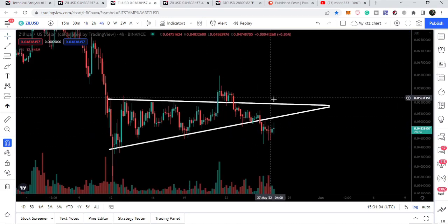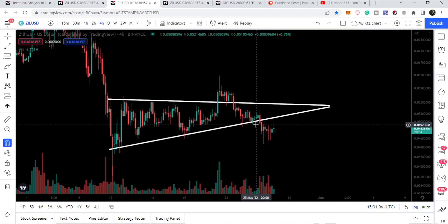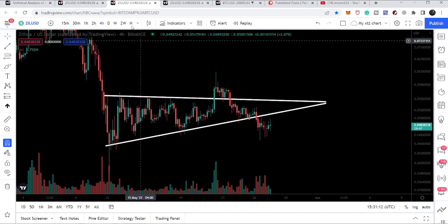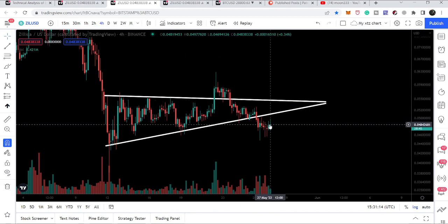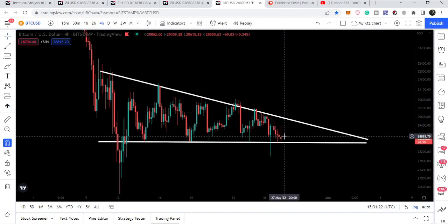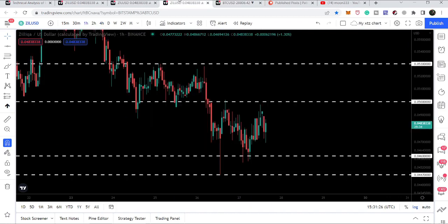Now if we take a look at the 4-hour time frame, then here we have broken down the support of this ascending triangle. And as I told you, if Zilliqa moves further to the downside, it depends on breaking down this descending triangle by Bitcoin on the 4-hourly time frame chart. Both triangles are formed on the 4-hourly time frame chart.